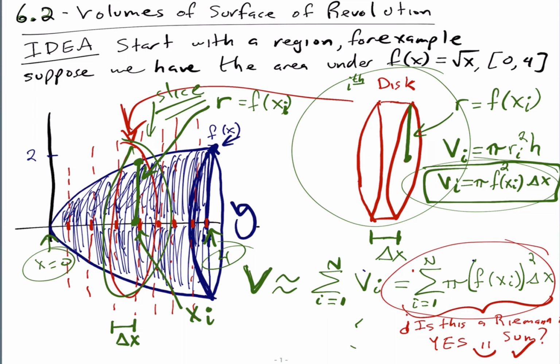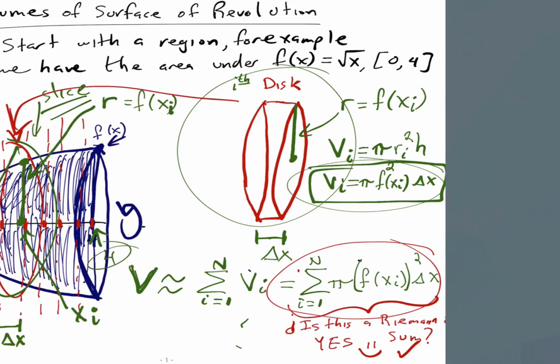As you're scanning through, you're collecting the volume as you go. It's like infinitely many little pieces, and you're collecting the volume from one end to the other. Just like when we found the area under the curve, it was the same idea: you're collecting the area as you go. Here, we're collecting the volume. Yes? Okay, all right, so let's find the actual volume for this one then.